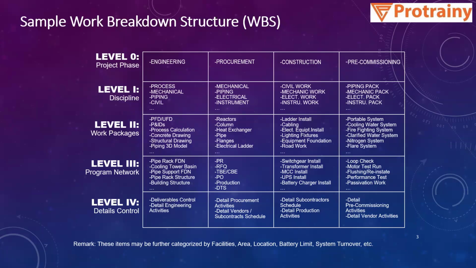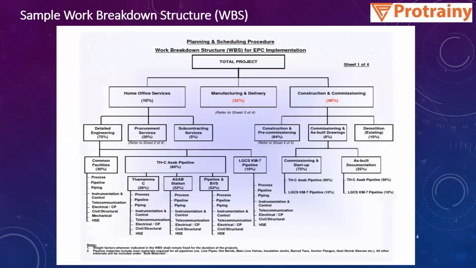A drawing goes from issued for review to issued for design, then issued for design to issued for construction, and so on. So it helps us make the schedule as detailed as we want, using whatever level we want in the WBS structure.